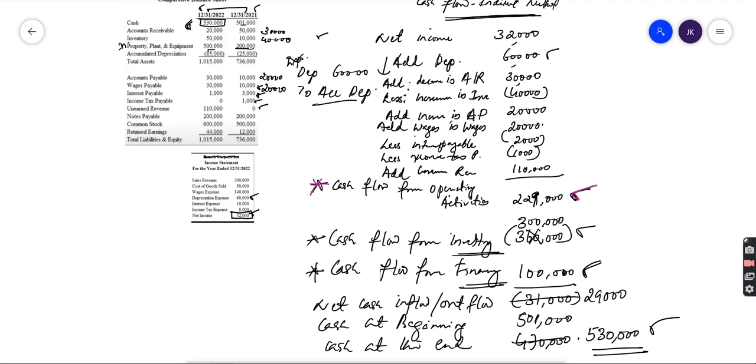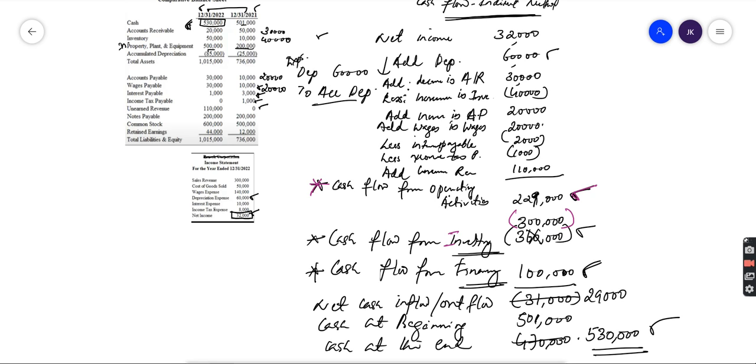Because if you see a negative figure here, that means the company is not generating enough funds from its operations to sustain. So if you see a negative cash flow from operating activities, the entity is having an issue with liquidity.